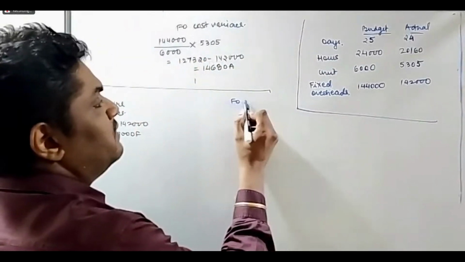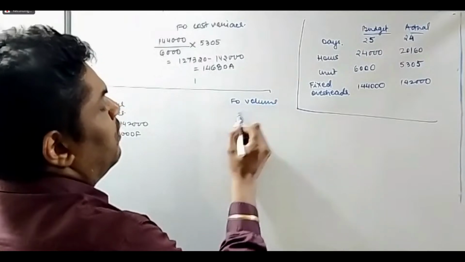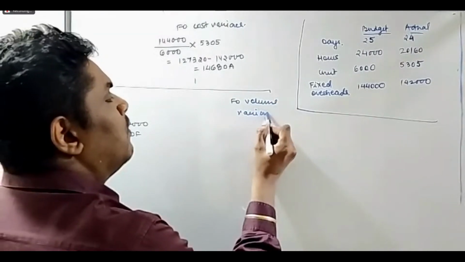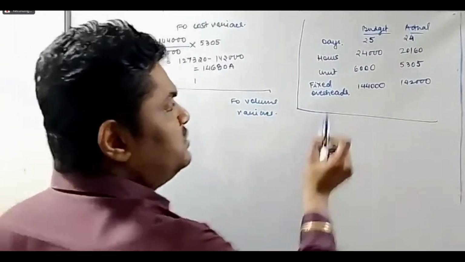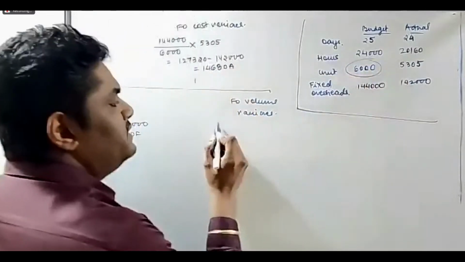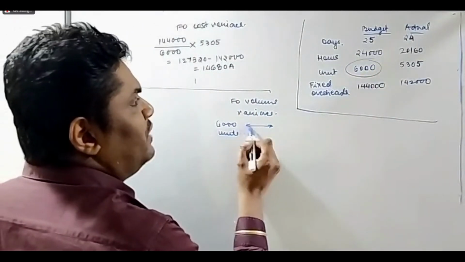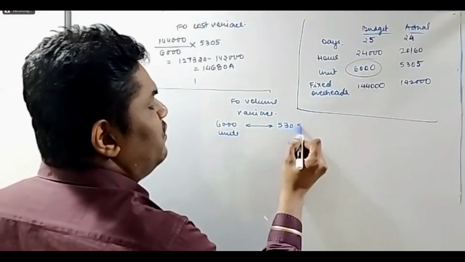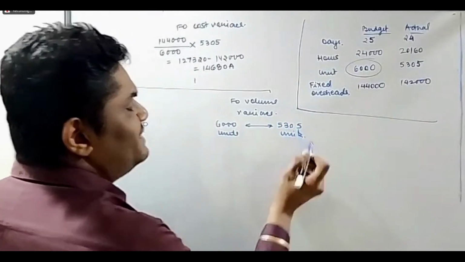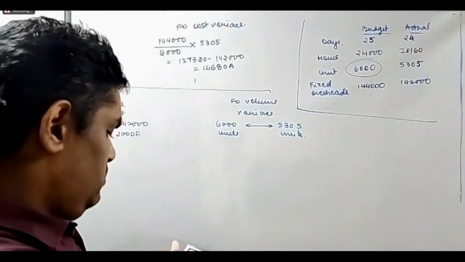volume variance. We were supposed to manufacture 6,000 units. We actually manufactured only 5,305 units. That is much less than what we expected.